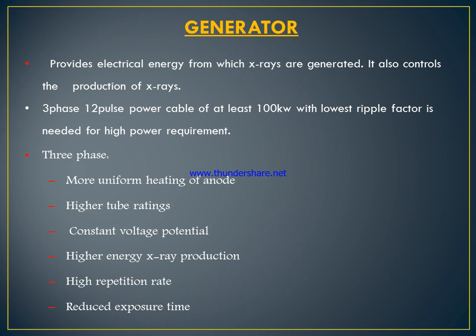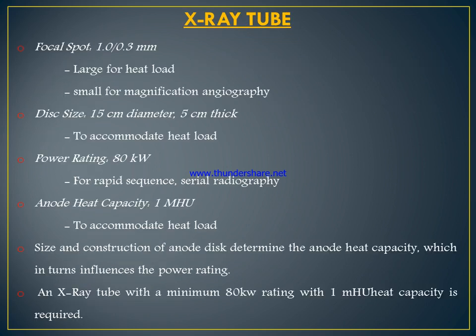A 3-phase generator has more uniform heating of the anode, higher tube ratings, a constant voltage potential, higher energy X-ray production, a high repetition rate, and also reduces exposure time.